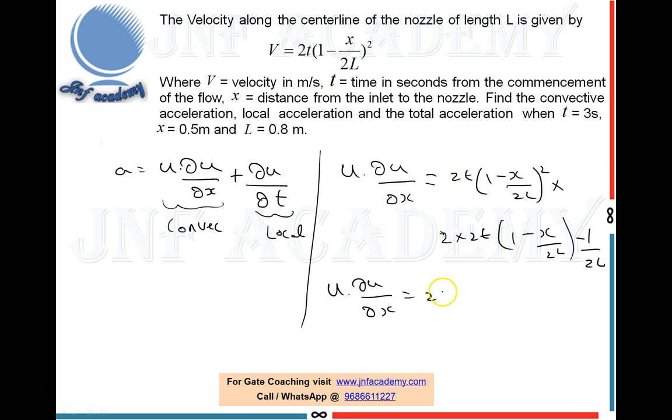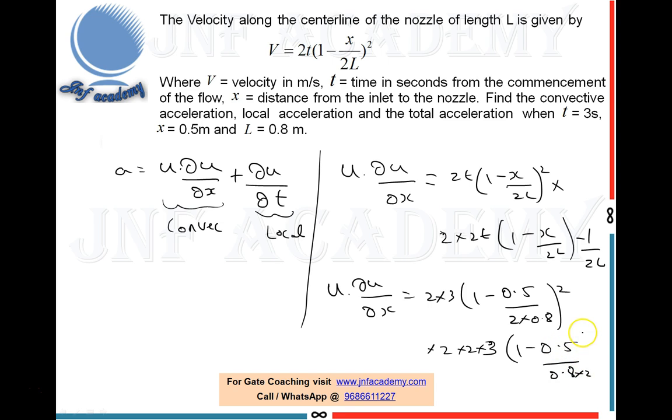2 into 3 into (1 minus 0.5 divided by 2 into 0.8) the whole square, into this term, 2 into 3 into (1 minus 0.5 divided by 0.8 into 2), into minus 1 by 2 into 0.8. So this entire term is the convective term.